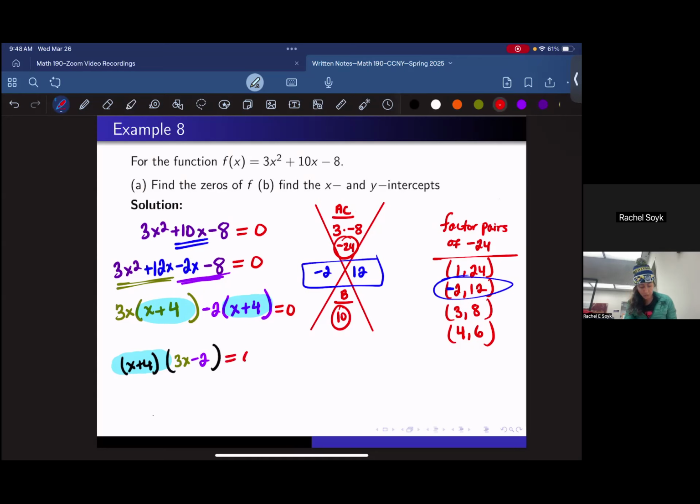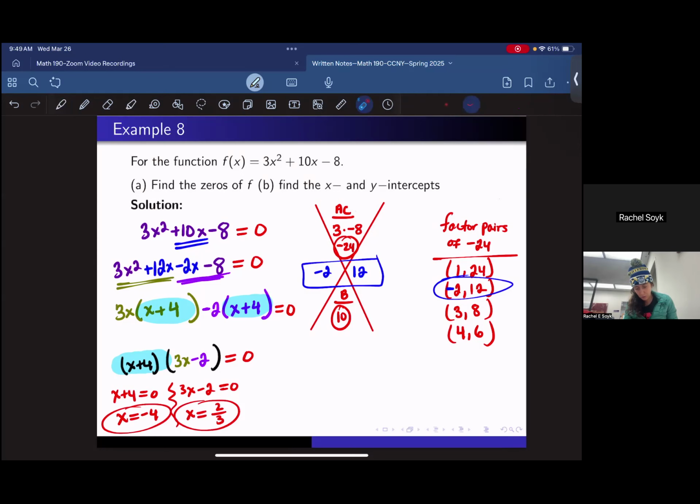We're not done yet because we want to use our zero product property in order to determine our x-intercepts. And so we set our binomials equal to 0. So our two potential solutions are negative 4 and positive 2/3.